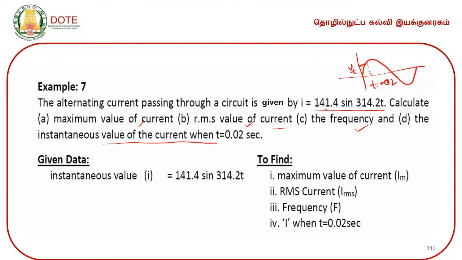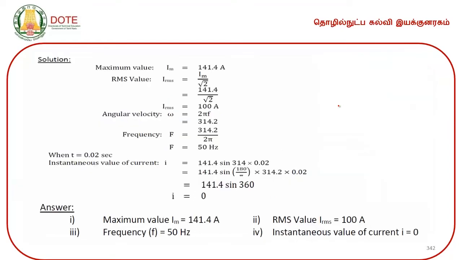So, i = 141.4 sin 314.2 t. So, Im is straight away 141.4, that is the peak value. For the RMS value, we already found the expression, which is Im by root 2. So, mere substitution of 141.4 divided by root 2 will give you IRMS, which is equal to 100 amperes.